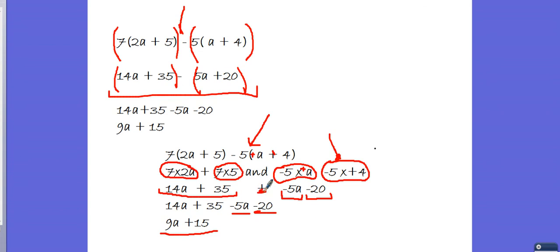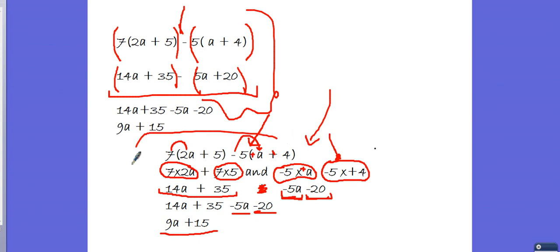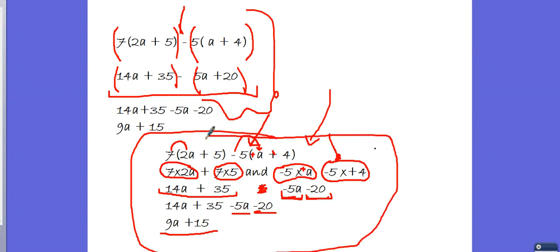So we don't even have to think about this anymore. We're just going to think 14a, 7 times 2a is 14a, 7 times 5 is 35, minus 5 times the plus a is minus 5a, and minus 5 times plus 4 is minus 20. Then we just tidy it up as normal, and we'll get 9a plus 15. When you've done lots and lots of algebra, this is just the method that you're going to be using.